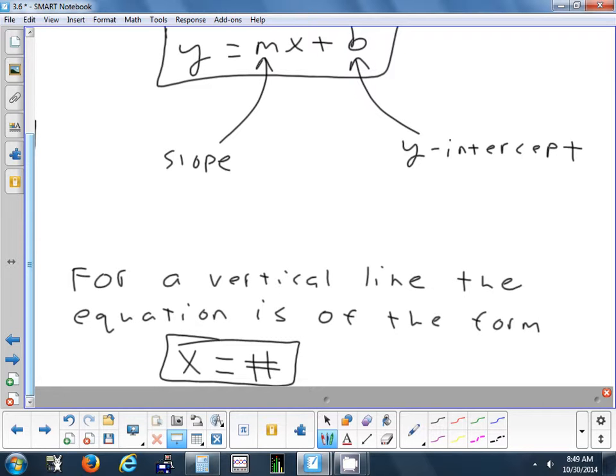Remember that? Yep, isn't it just y equals a number? Because the slope is 0, and then this whole part disappears, because a slope of 0 times anything is 0. So it would just be y equals a number, and that number would be your intercept. Right?